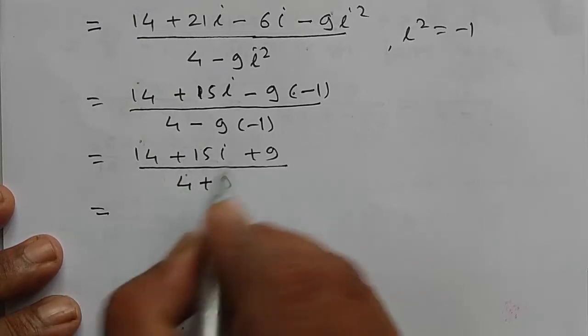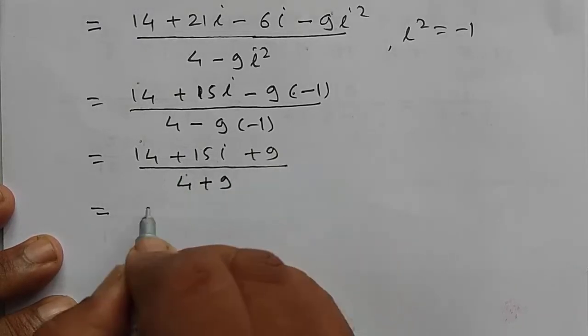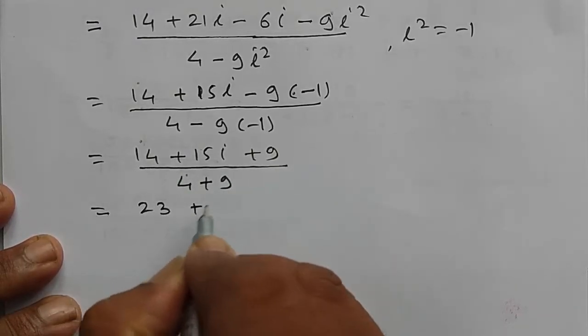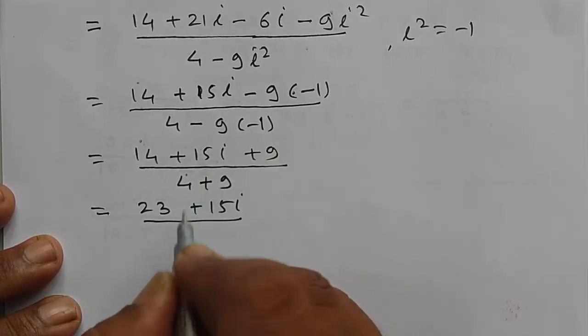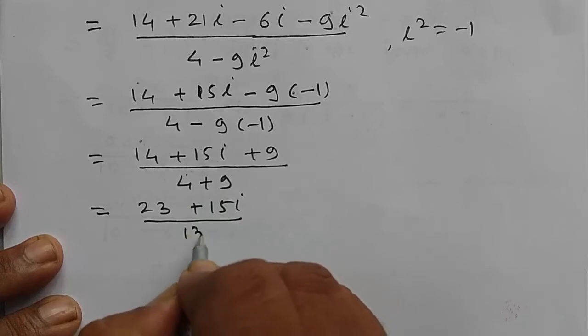This is equal to 14 plus 9, 23, plus 15i upon 4 plus 9, that is 13.